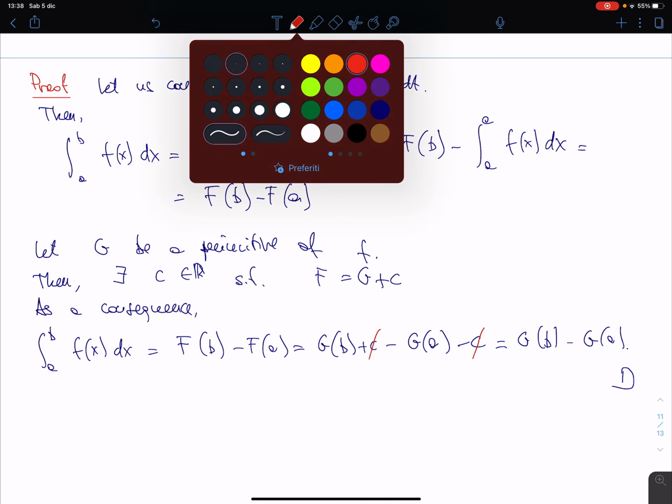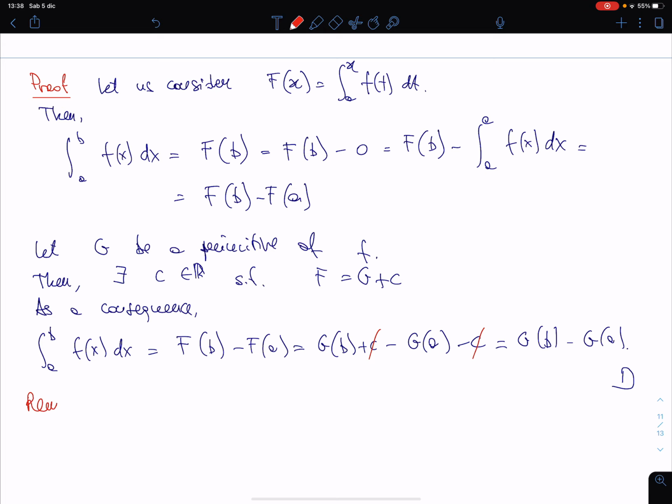So, I conclude with the following remark that goes towards physics 1.